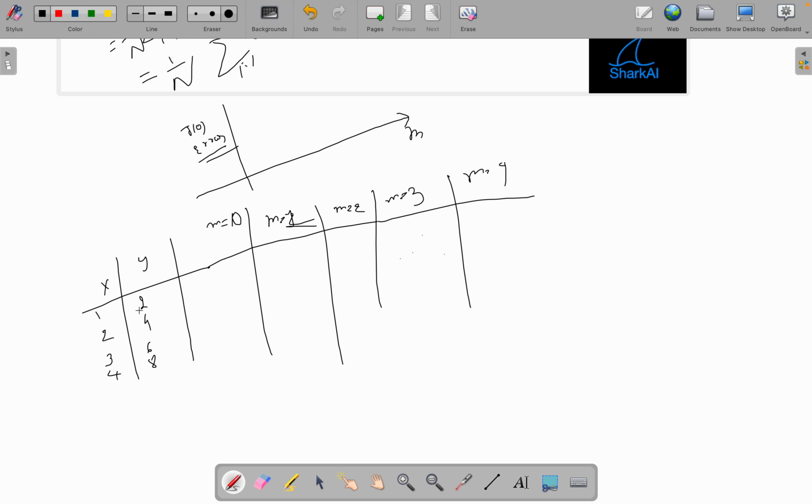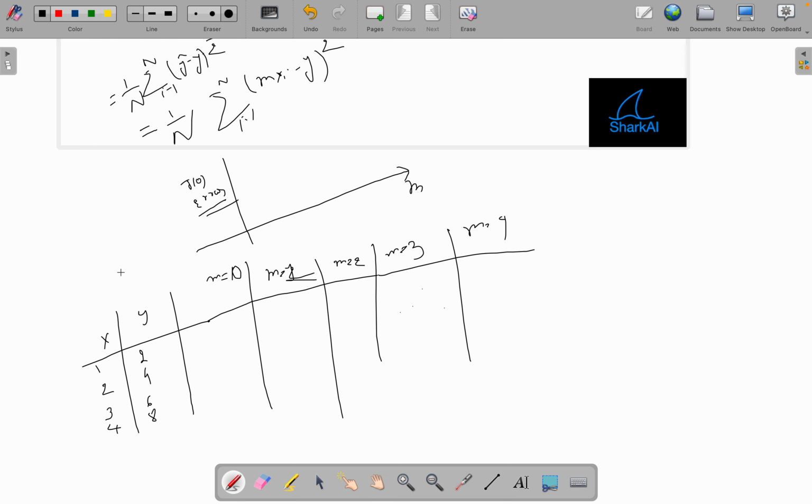Okay. So when you put in the equation here, mxi minus y. Okay. So m value we have put as, let's say, 0. The first value 0, so it will be the y square. So when m is 0, we have simply y square.